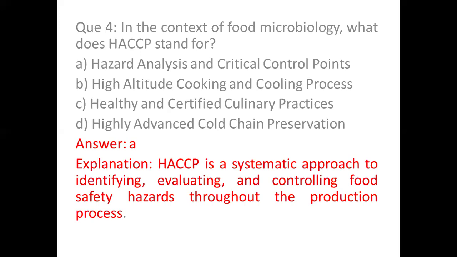So it is a systematic approach to identify, evaluate, and control the food safety hazards through the production process. If we talk about the HACCP flow chart, it actually contains 8 points. So it's very important to go on with HACCP in each and every food industry, so that you can minimize the risk while producing any food item.